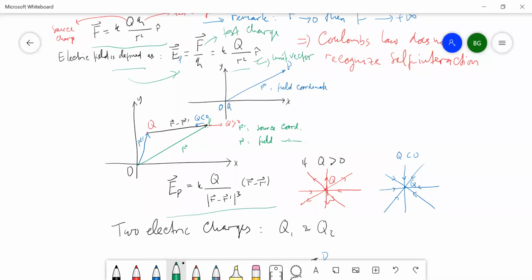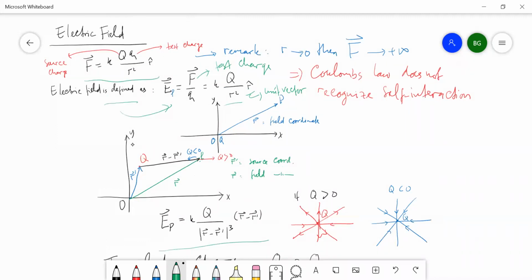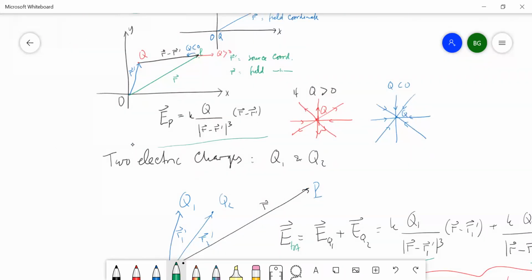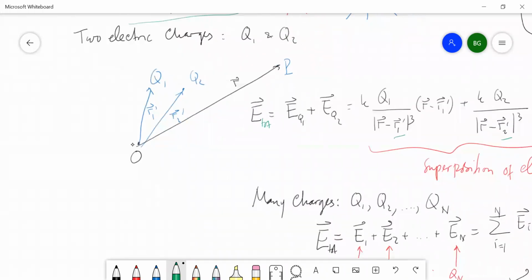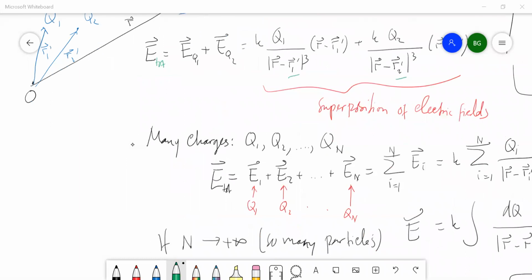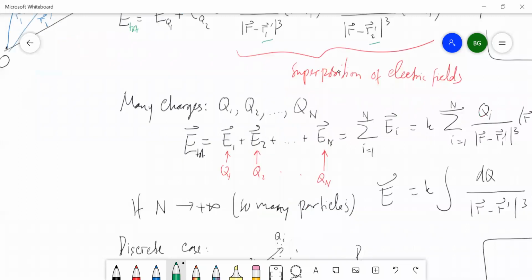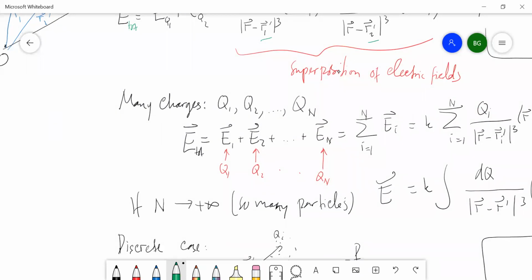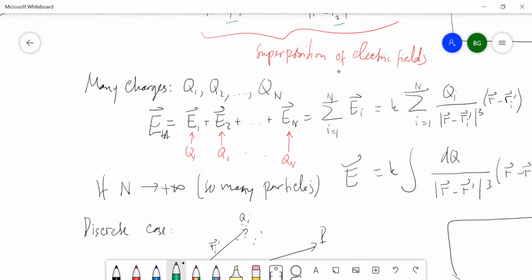Okay, this is the lecture from yesterday. We have studied the electric field from charges: one charge, two charges, and many charges. The electric field satisfies the superposition principle.